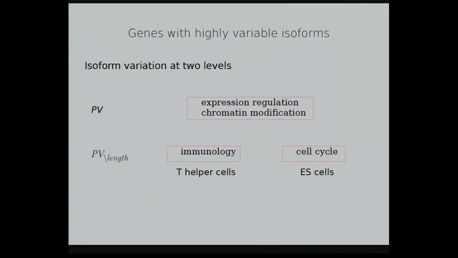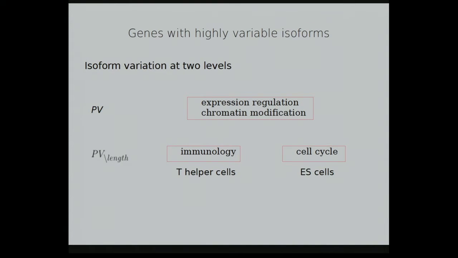So the first question is, what are the genes with highly variable isoforms. When we did gene ontology enrichment, we actually see that the isoform variation comes from 2 levels, which correspond to the 2 versions of profile variation score. Before we regress out the gene length, the genes which we see are enriched in functions like gene expression regulation and chromatin modification.